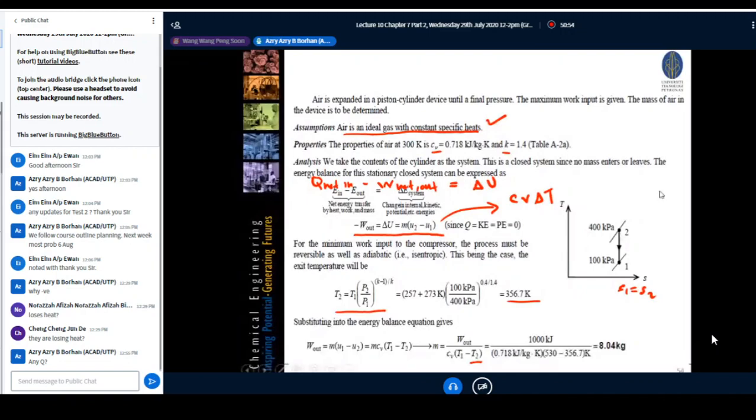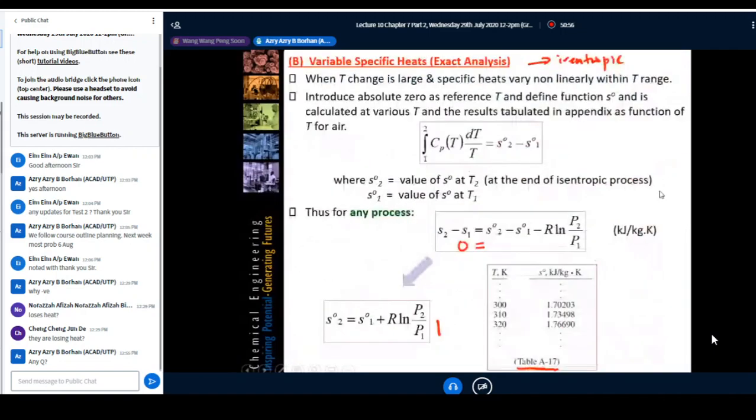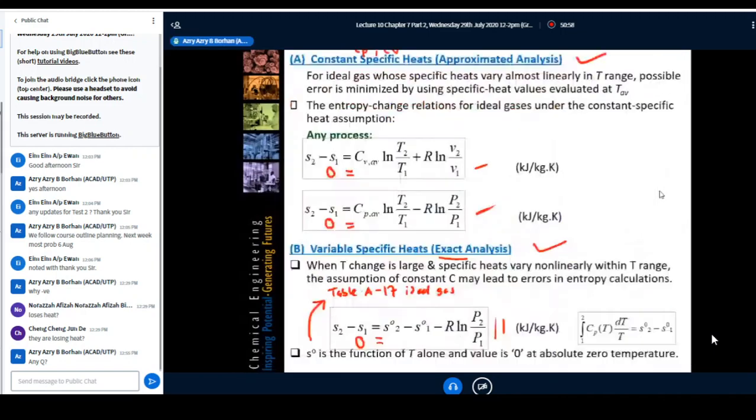For example, I already highlighted the importance of these two methods. For example, here, if somehow your CP and CV vary almost linearly with temperature, all right, then probably the difference in the answer between these two methods is not that huge.